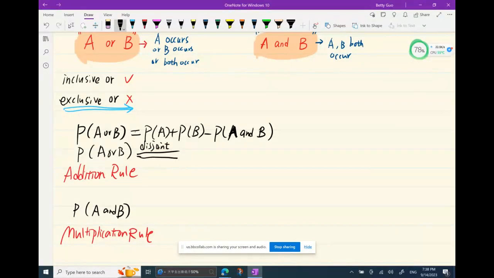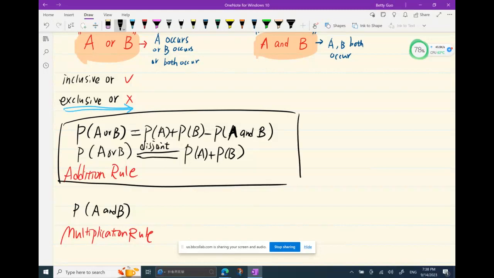In the special case that A and B are disjoint, the probability of A or B equals P of A plus P of B. Those two formulas are the addition rule. Very important: the second formula is simpler, but we can only use it when the two events are disjoint. Let me explain what it means for two events to be disjoint.